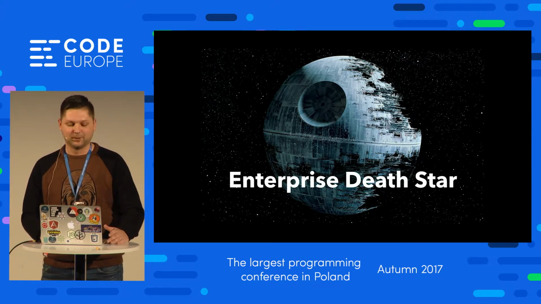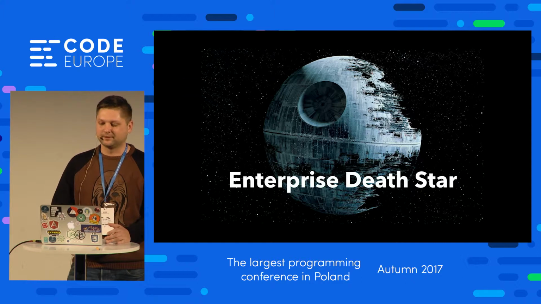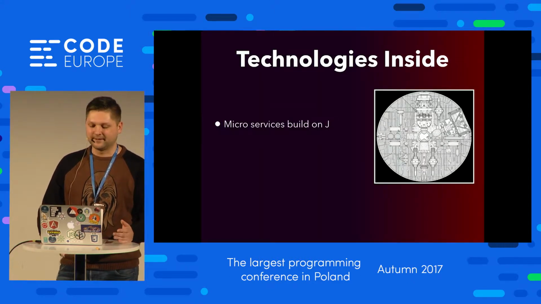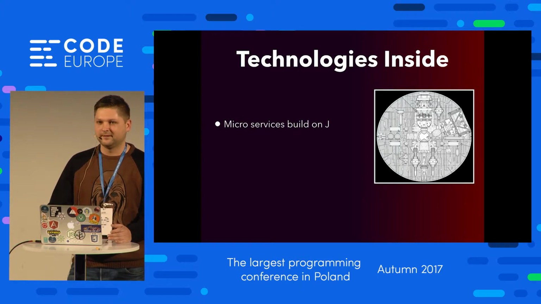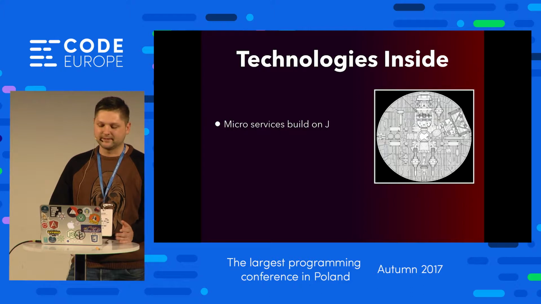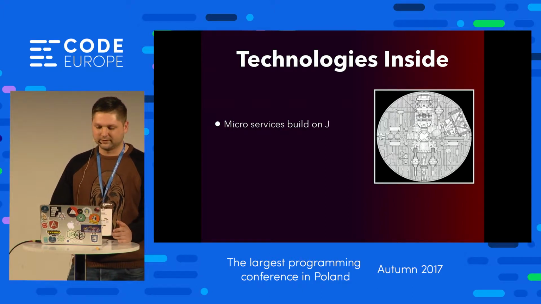So, the real-life story. A long time ago, in a galaxy far, far away, a big bank of the empire decided to build their own enterprise Death Star. It will be a big platform to destroy stars around the galaxy, and inside it uses technologies.